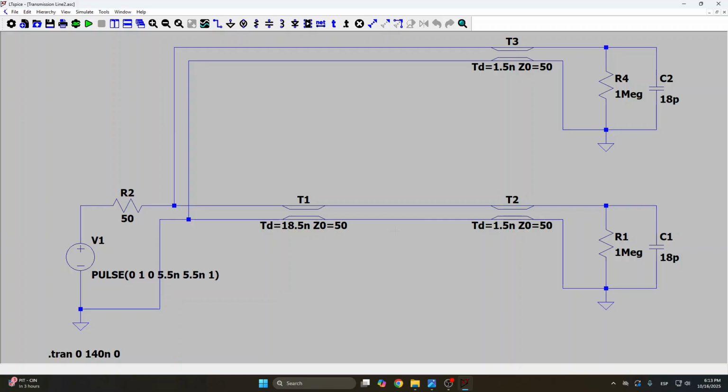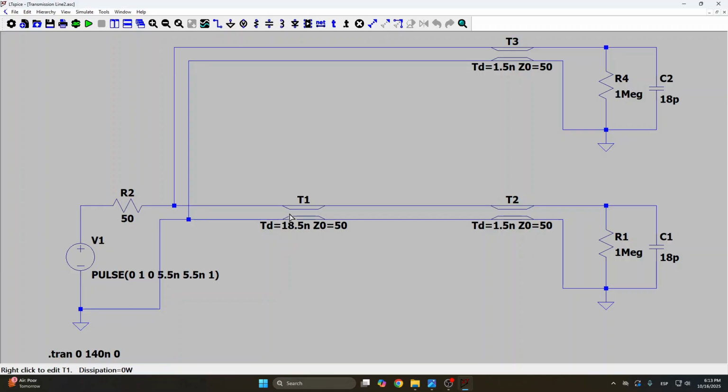Now, as an additional exercise, I wanted to simulate a more realistic circuit to see if the signal that we get looks closer to what we obtain on the oscilloscope. So what I did was I modified the T1, which represents the PCB trace. Remember, we used 20 nanoseconds because it was just a round number.